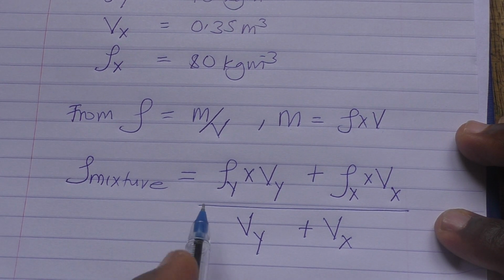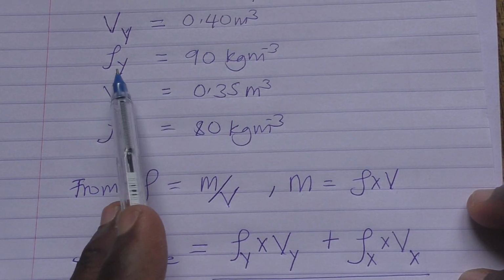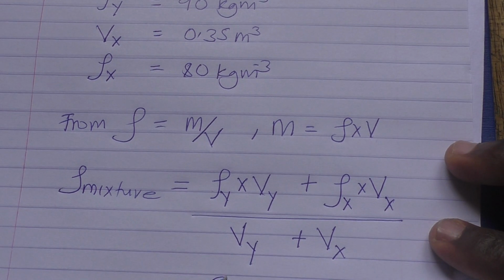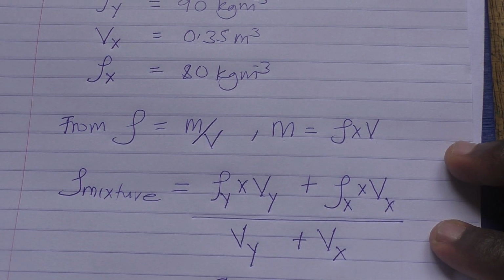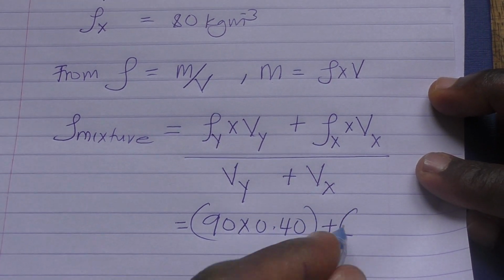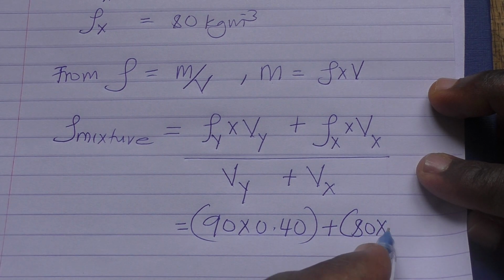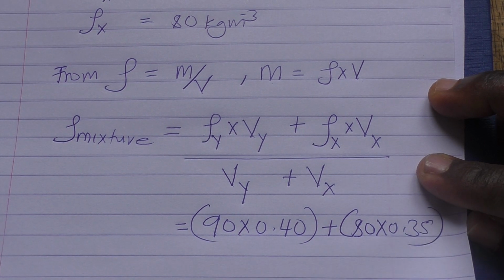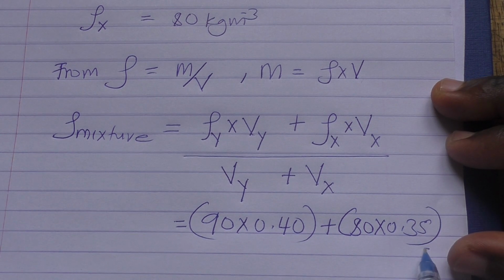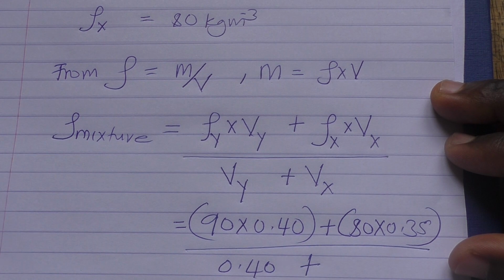So we are now going to substitute. The volume of Y is 0.40 and density is 90. So that is 90 times 0.40 plus the density of X, which is 80, times the volume, which is 0.35, over the volume of Y, which is 0.40, plus volume of X, which is 0.35.